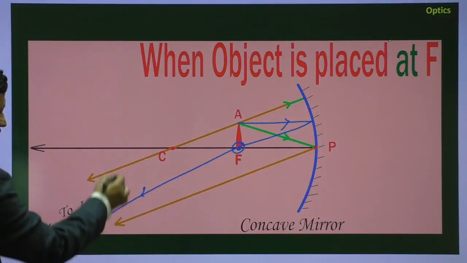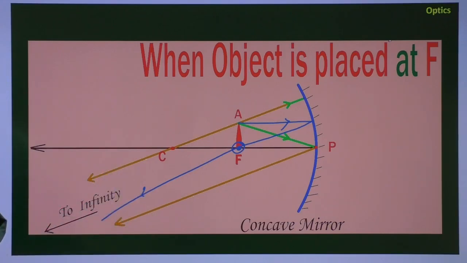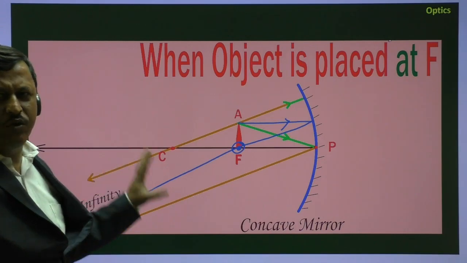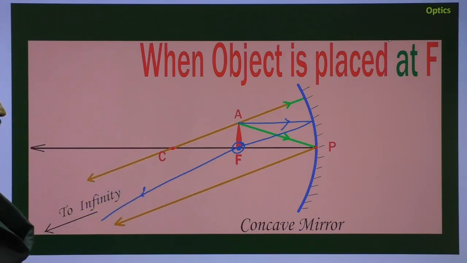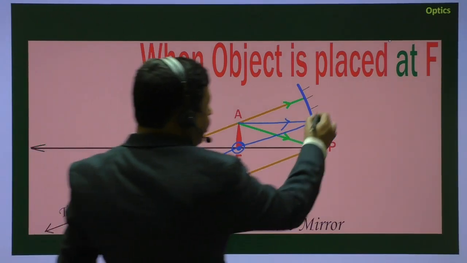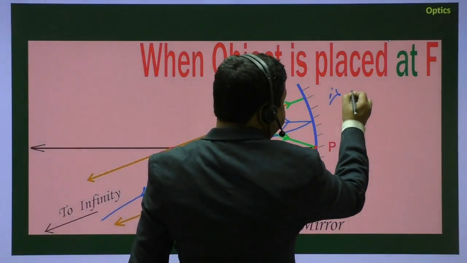See, these three rays are parallel to each other. That means they do not meet; in infinity they will meet. So the image will form at infinity.